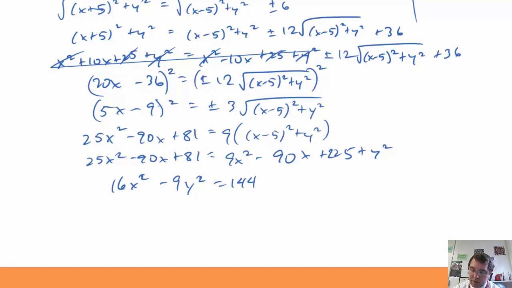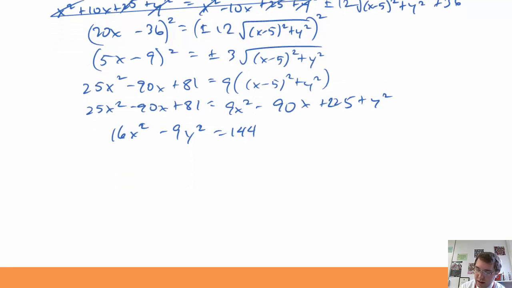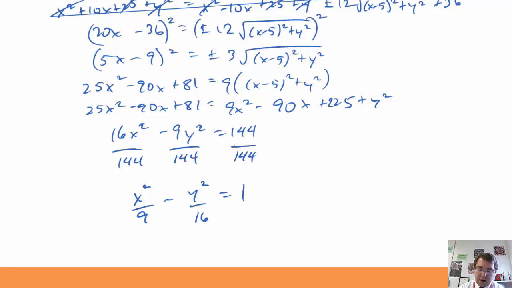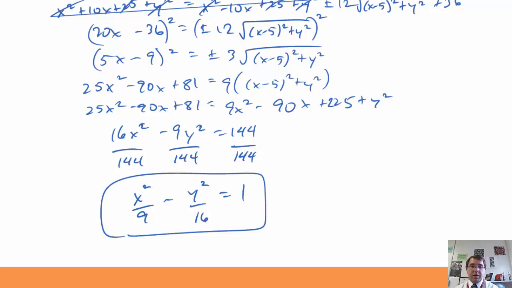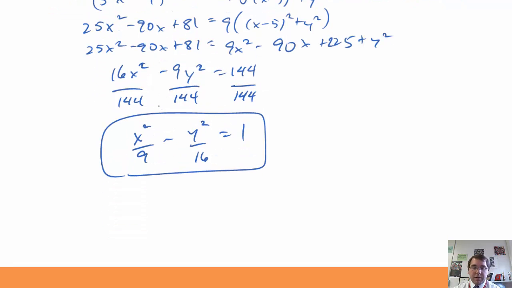And then we will divide both sides by 144 so that, like with an ellipse, we have this equal to 1. And so that reduces to x squared over 9 minus y squared over 16 equals 1. And that's the equation of my hyperbola. Did you keep up with that? No? That's all right. You don't need to know that, because now we will use that to come up with a formula.